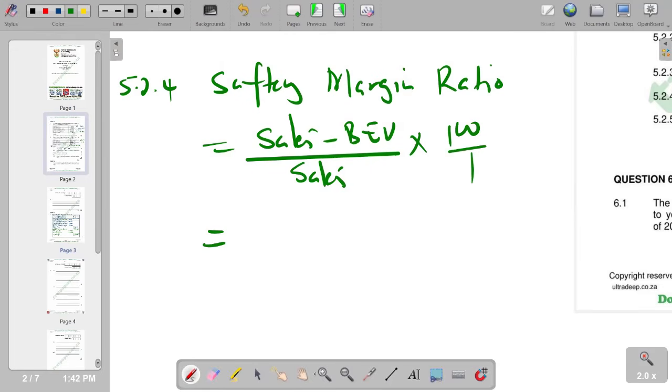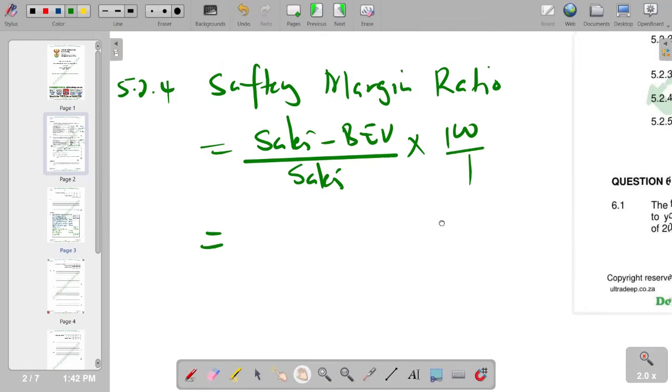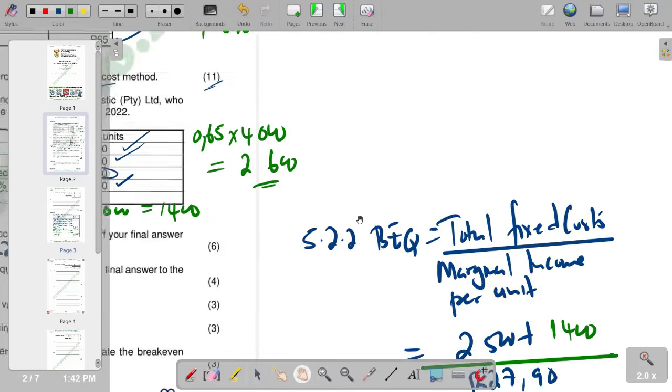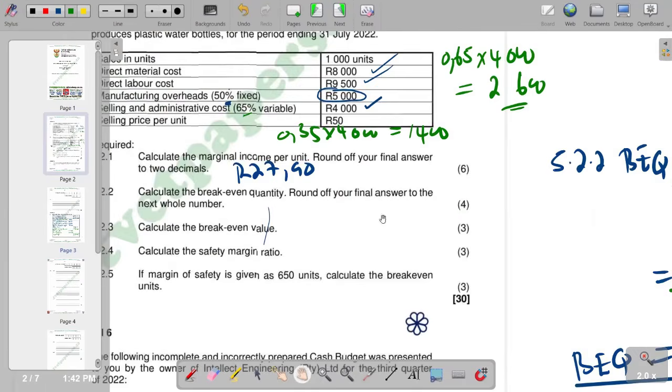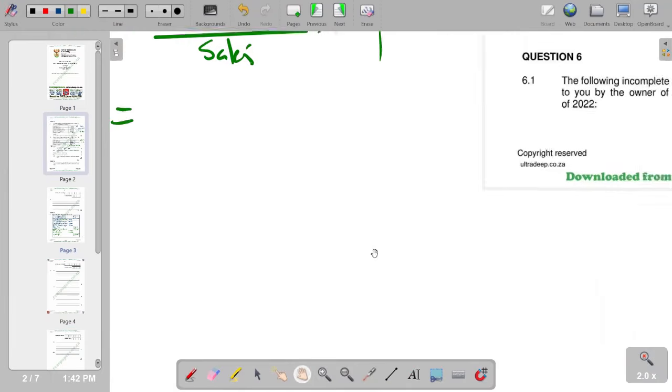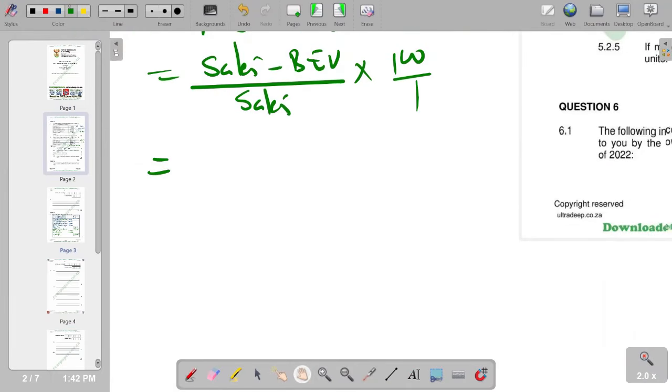So of course our sales, we did calculate, and we said 1,000 units times 50 rand of sale price per unit, we got 50,000. So here we've got 50,000 for sales. And then we subtract your break-even value.